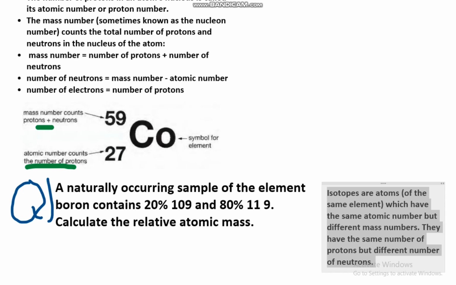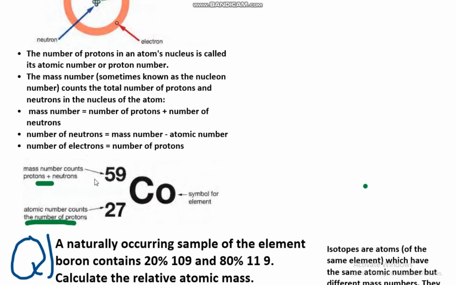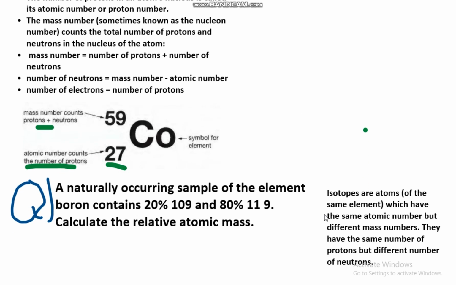And we'll talk about isotopes. Isotopes are atoms of the same element which have the same atomic number, but different mass numbers. It can be 60, 61, 62, 63. They have the same number of protons but a different number of neutrons.